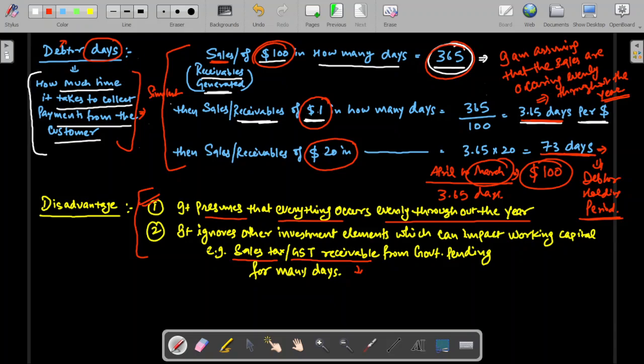So what is the solution? For this point, I don't have much of a solution; you have to apply your own mind. But for the presumption that sales are occurring evenly throughout the year, I will always suggest that you check the sales and purchase trend for the last 12 months, month wise.